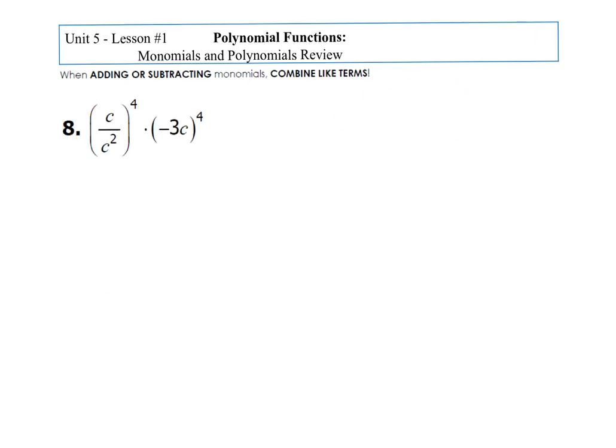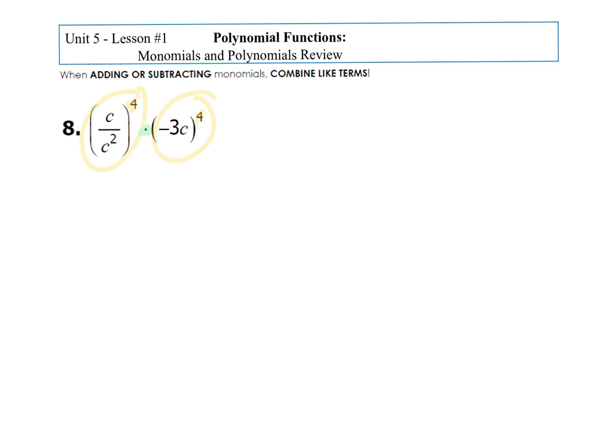All right, on number 8, we have c over c squared, all being raised to the 4th power, times negative 3c, all being raised to the 4th power. So what we have here is really the power rule that we have to do twice. We have these outside powers of 4 before we can do the step of multiplying these two monomials together.